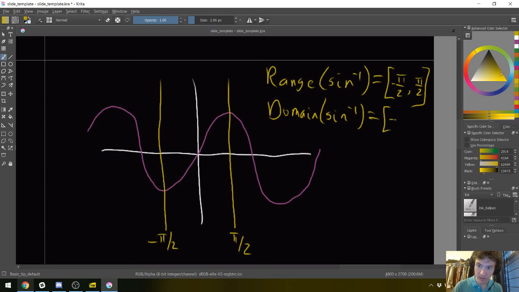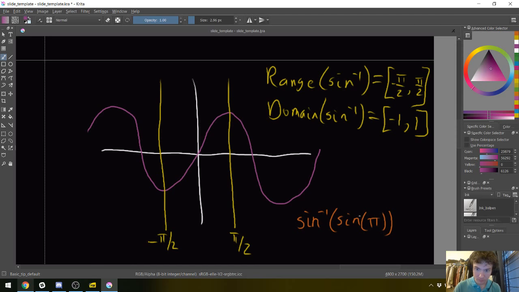So in particular, what is sine inverse of sine of pi? Let's just work this out. What's the inside part of the brackets? What is sine of pi?